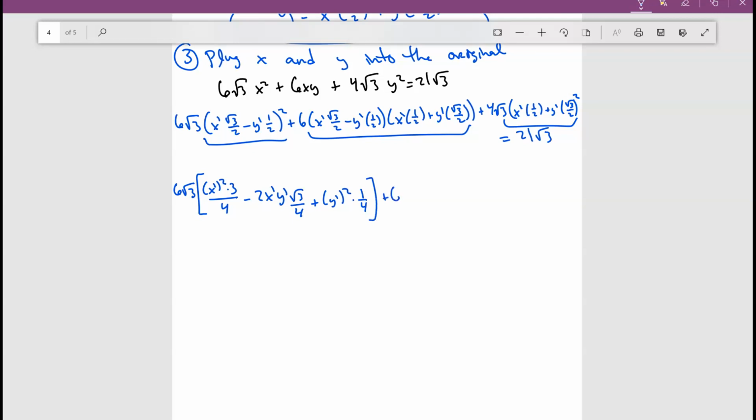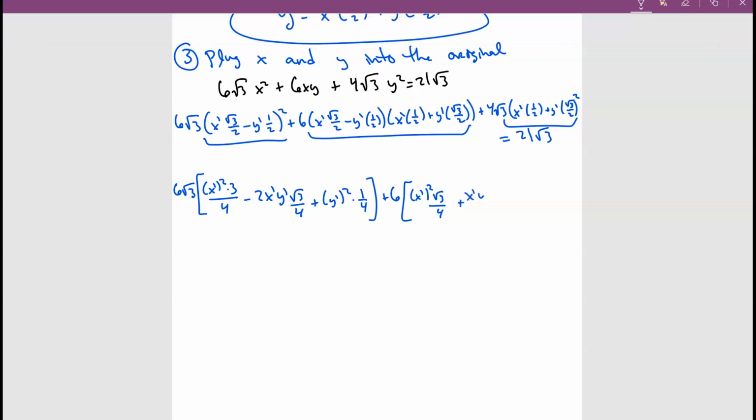So that's that. So 6 times all of this part, which is going to be x prime squared square root of 3 over 4. This is going to be plus x prime y prime 3/4 minus x prime y prime 1/4.